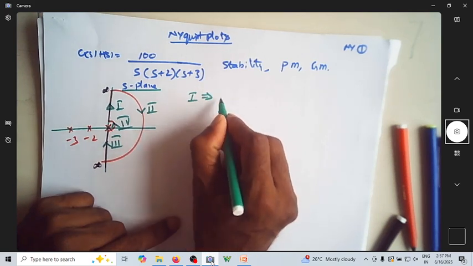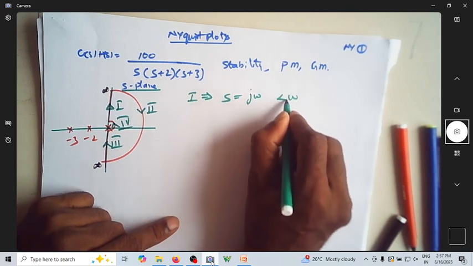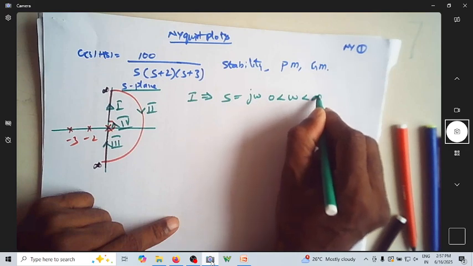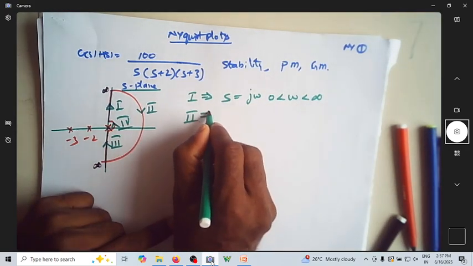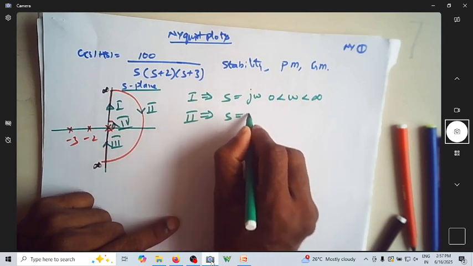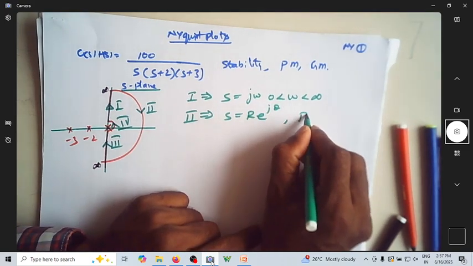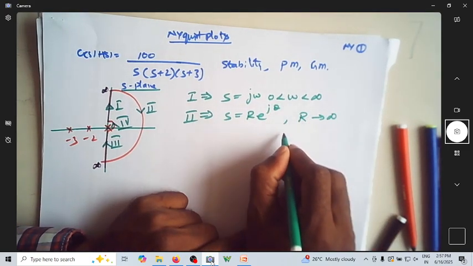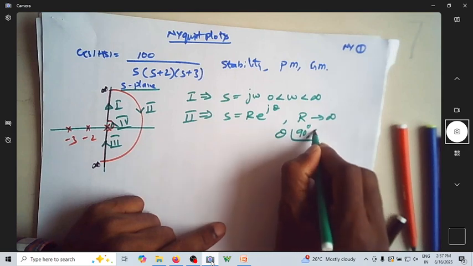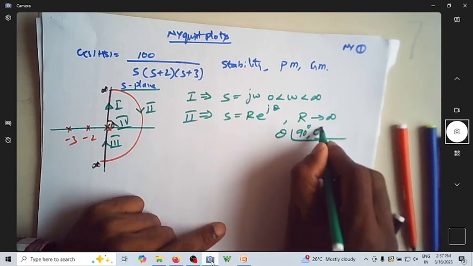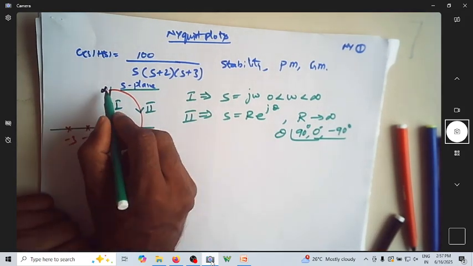In the first segment, S is replaced by j omega, where omega ranges from 0 to infinity. In the second segment, we replace S by r e power j theta, where r tends to infinity and theta ranges from 90 degrees, to 0 degrees, to minus 90 degrees.